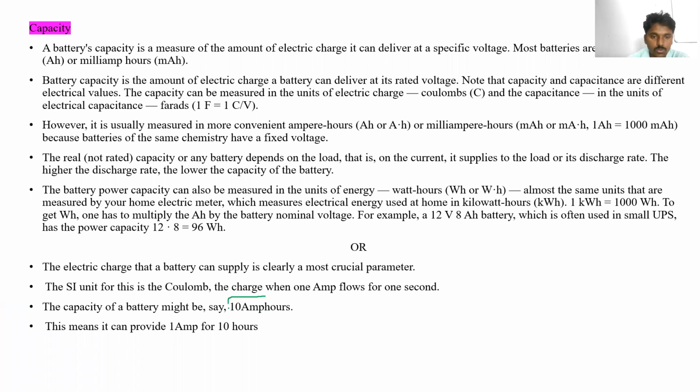Here I can show you, 10 Ah. 10 ampere hours means it is able to supply 10 amperes of current for 1 hour. Is it clear? So a 10 ampere hour battery, this is its capacity.